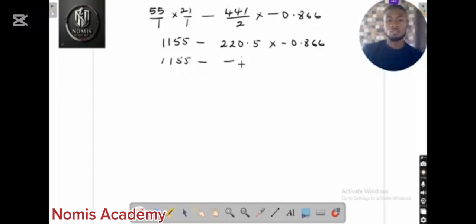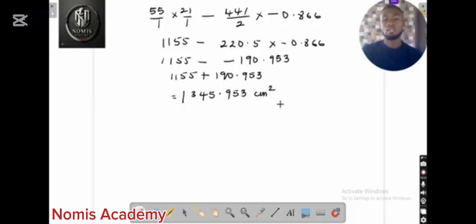So that is minus 190.953. So I have minus multiplied by minus, it becomes plus. So that is 1155 plus 190.953. So my final answer will be 1345.953 centimeters squared. So this is the area of the major segment.